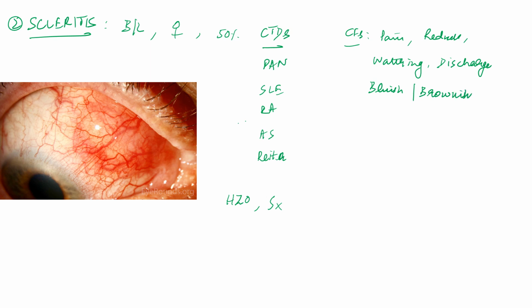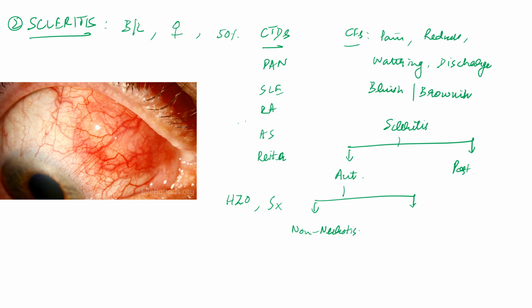Now let us discuss the classification of scleritis. Scleritis can be divided into anterior scleritis and posterior scleritis. Anterior scleritis can be further divided into non-necrotizing anterior scleritis and necrotizing anterior scleritis.